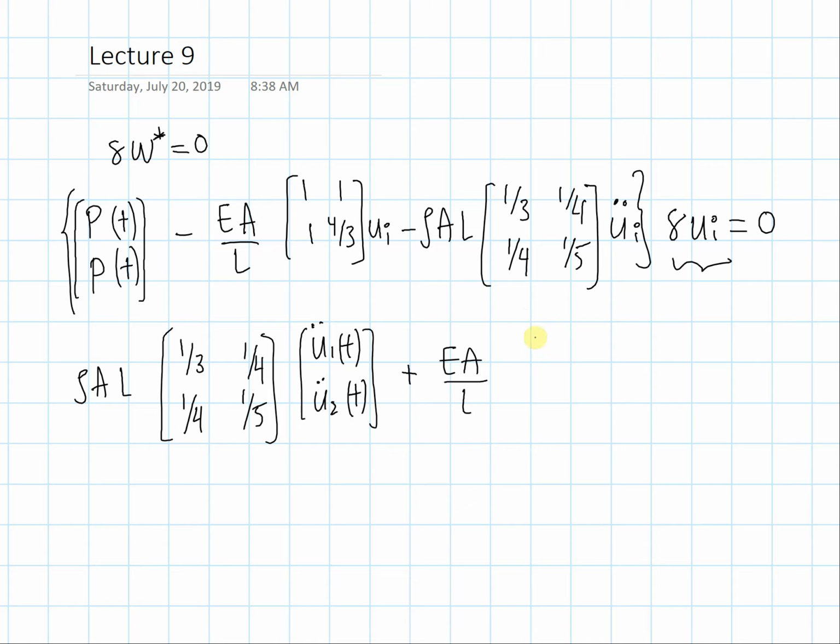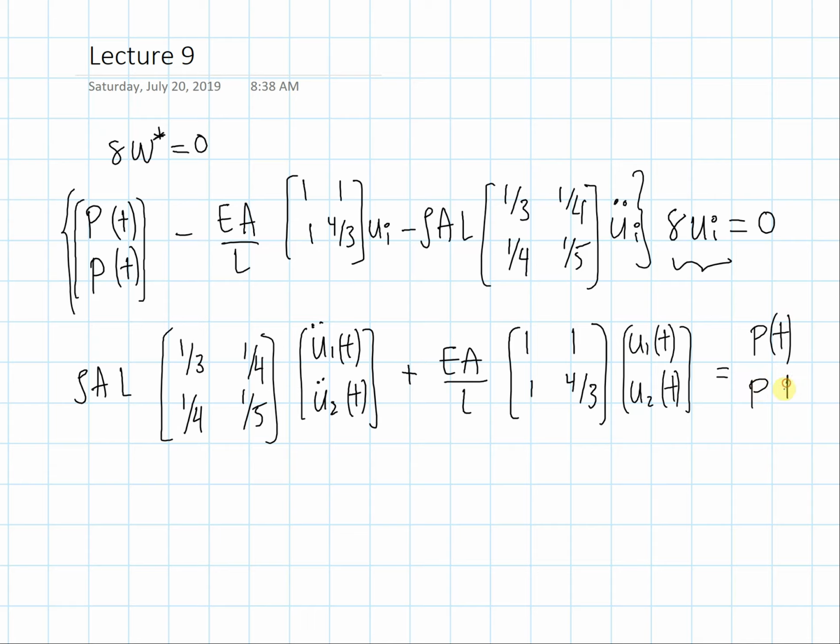So clearly with this example we don't have damping and we're dealing with an undamped system, and that's okay. Damping is not going to make things any more different than we have it now. And this whole thing is equal to the forces. Okay, that's really it. That's our equation of motion, and this question is completed.